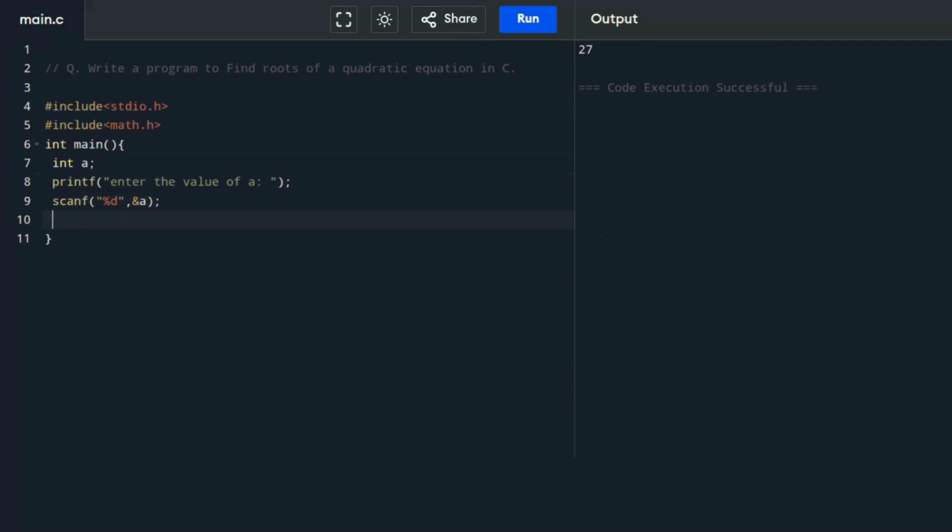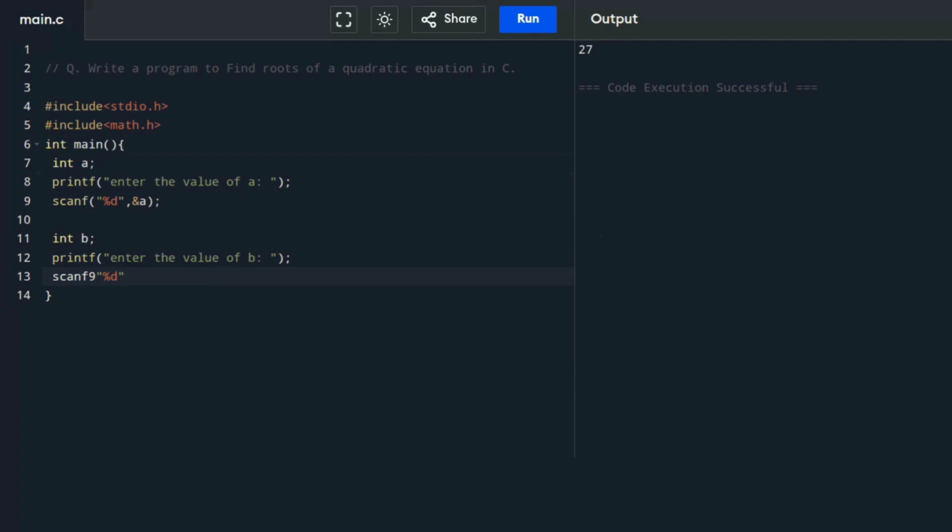So int b, printf, enter the value of b, scanf percentage d.